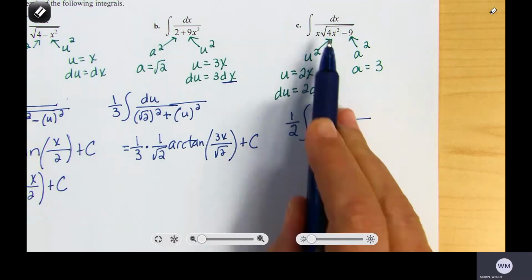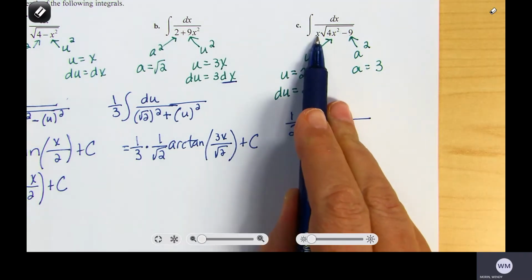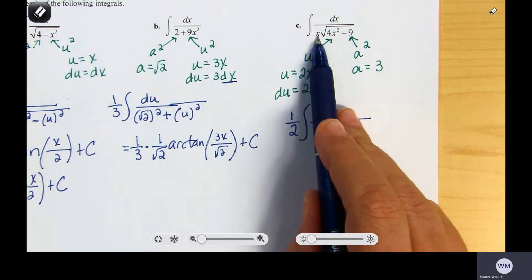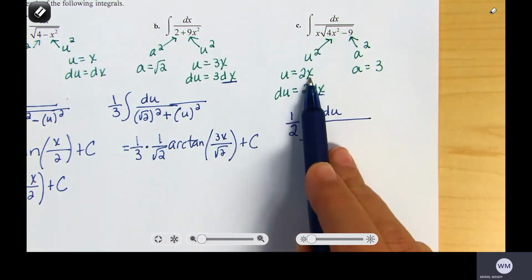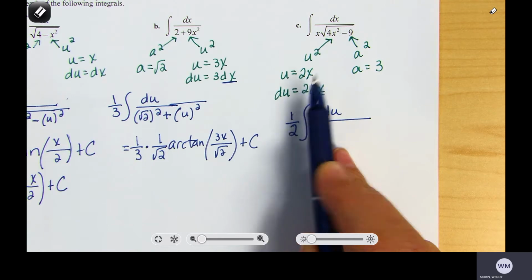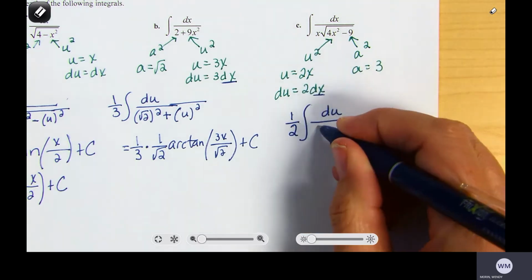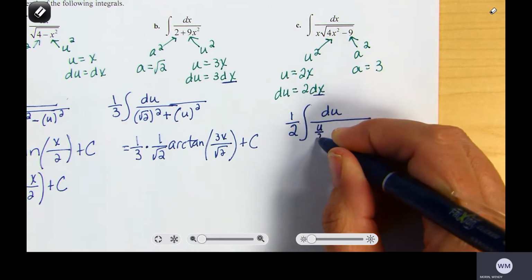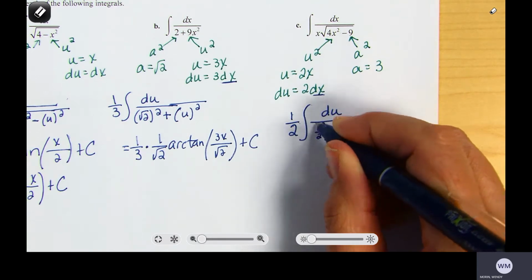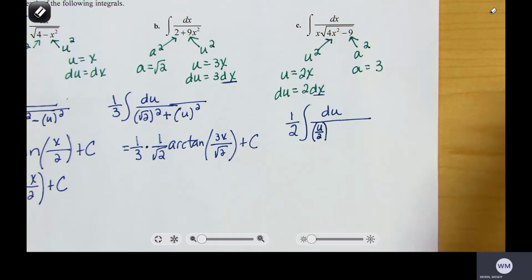All right. Now this x right here. What is x equivalent to? U divided by 2. I'm just going to put that in the denominator right now. I'm not going to pull that divided by 2 out just yet. I'll talk about it in a second.